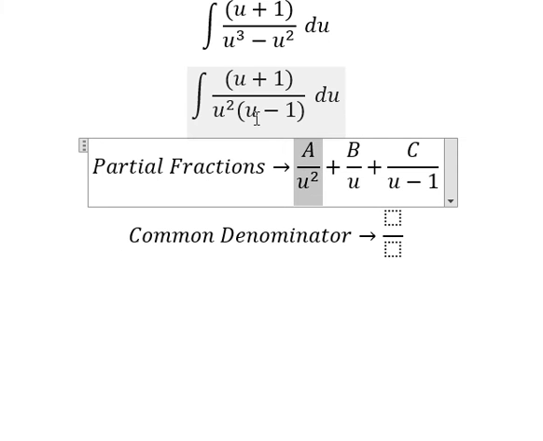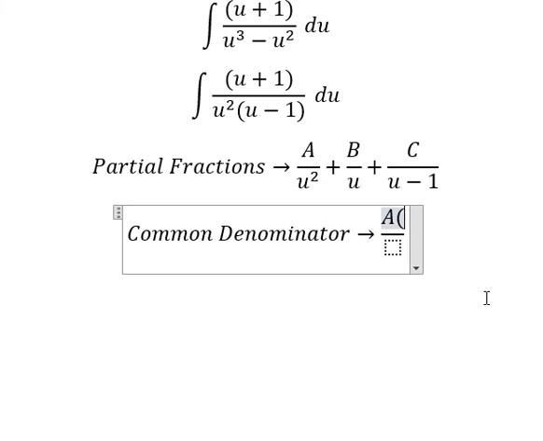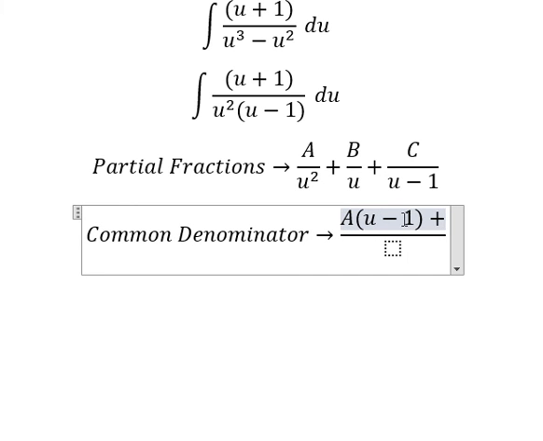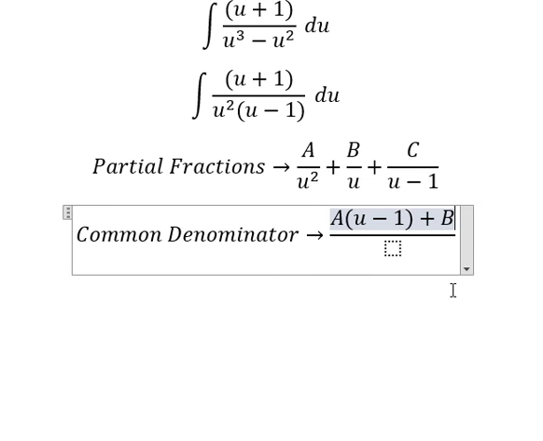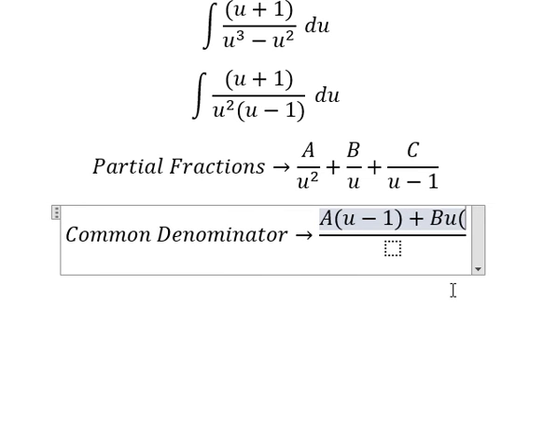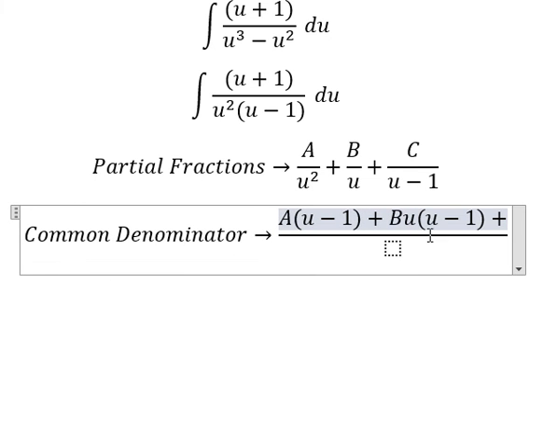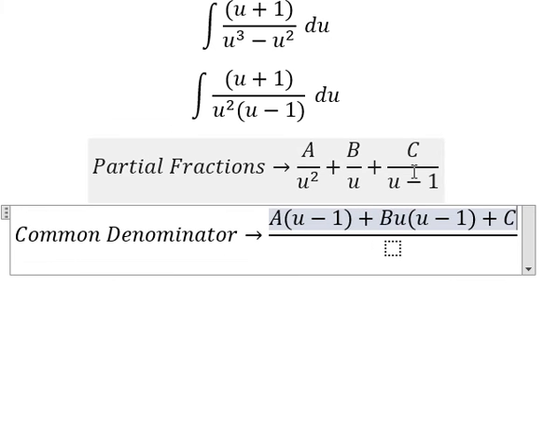About this one, it is missing u minus 1, so capital A multiplied by u minus 1. About this one, it is missing u and u minus 1, so capital B multiplied by u and u minus 1. The next one is u squared.